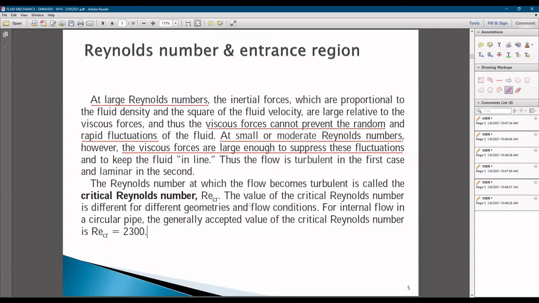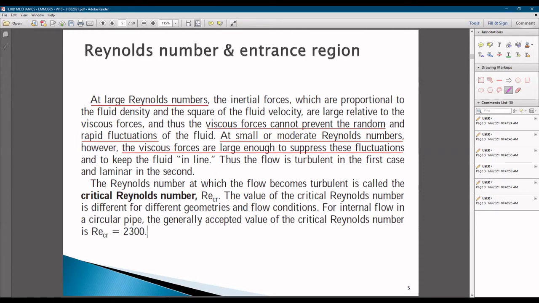At small or moderate Reynolds number, however, the viscous forces are large enough to suppress this fluctuation and keep the fluid in line, or smooth. Thus, the flow is turbulent in the first case and laminar in the second.